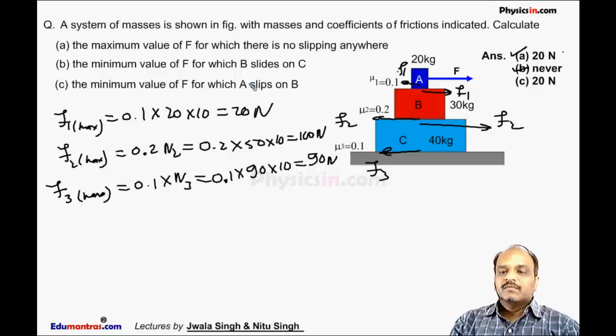The minimum value of F for which A slips on B is also 20 Newton. At 20 Newton it will either remain stationary or just start its motion. So these are the answers.